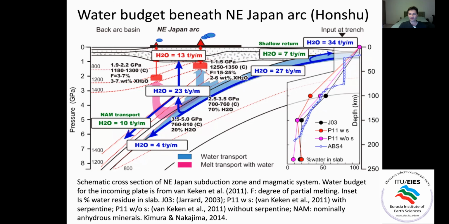Yeah, that's like a third of the water completely expelled. It's gone. One of the arguments is that we want to understand how efficient this system is at removing water from the subducted slab. If it's very inefficient, then we have a problem because we still have oceans.